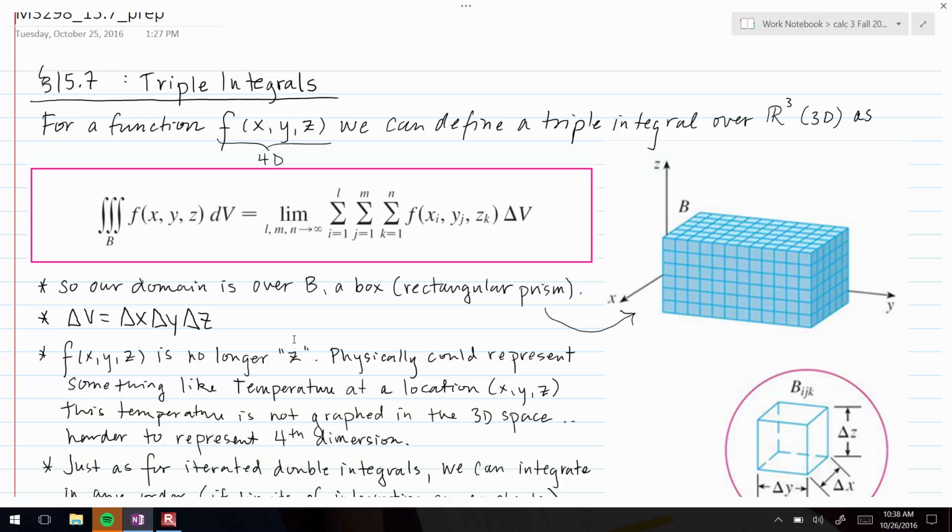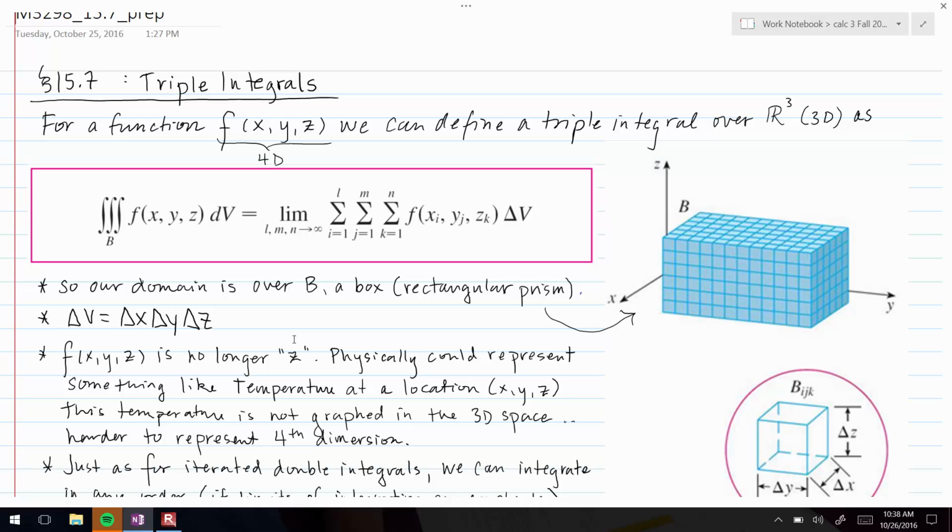So the particular temperature could be dependent on the xyz location. And it wouldn't be something that could be reduced down to just the xy plane or whatever. And so that temperature is kind of an invisible thing that could be a function of the xyz location.